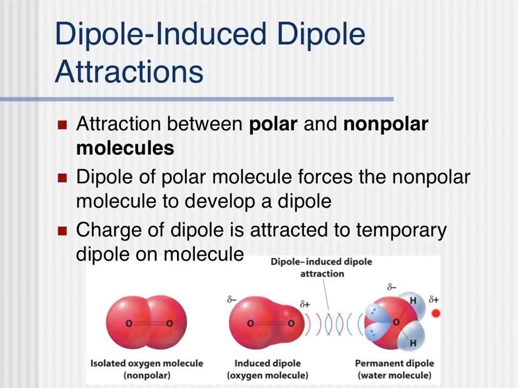So because this has positives and negatives, and there's just partial positives and negatives, they force partial positives and partial negatives on this nonpolar oxygen, just like the ion did. Because this is a little bit less positive or negative than my ion, this is forced a little bit less positive and negative. But this kind of goes contrary to what most of you have thought about this, that there's no attraction between polar and nonpolar.